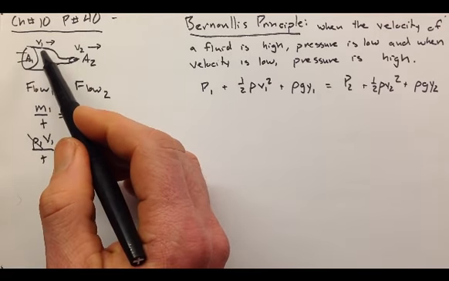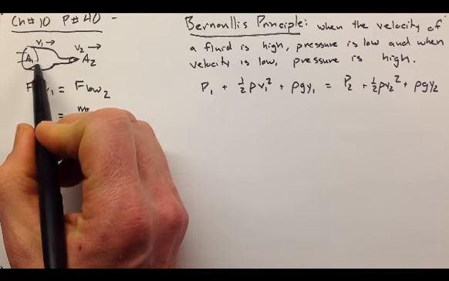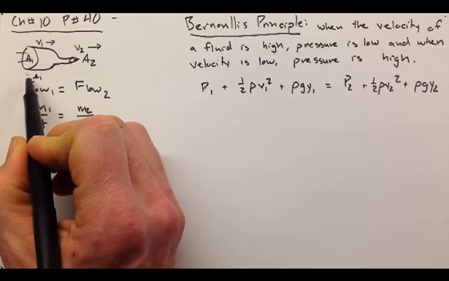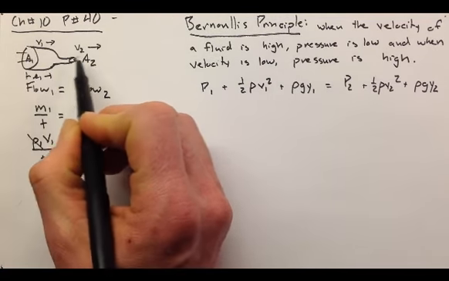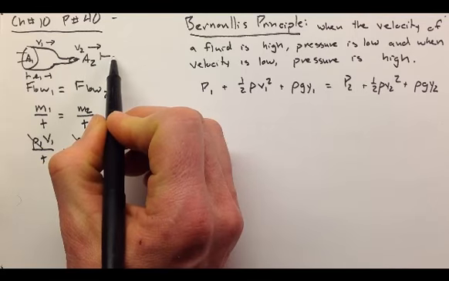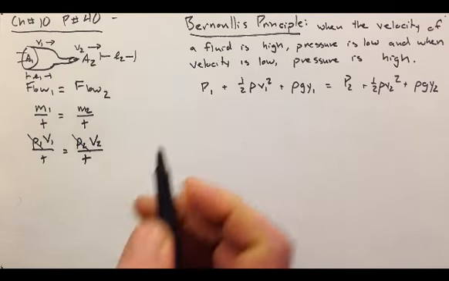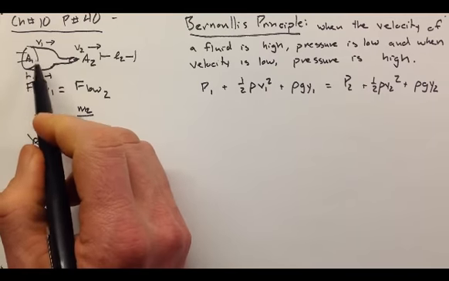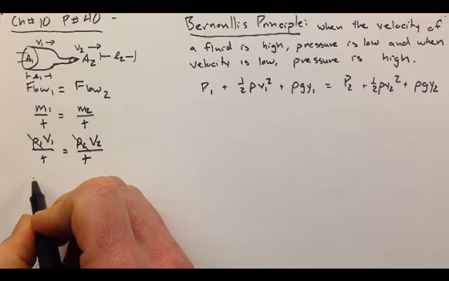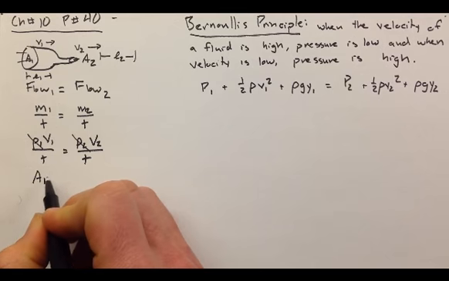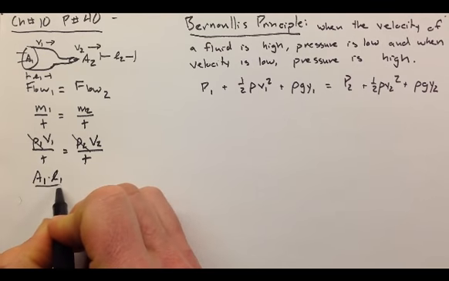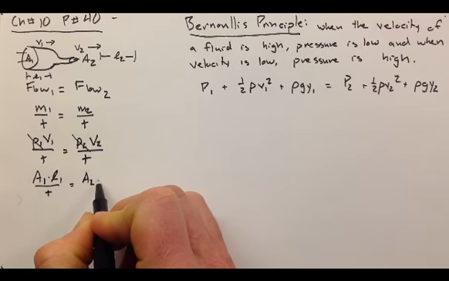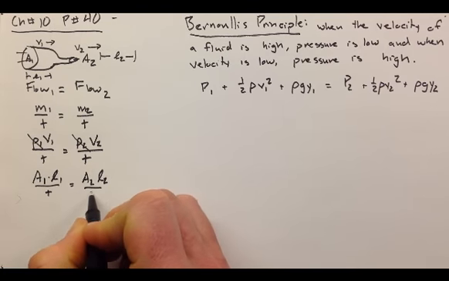So again, if you think about it, this water might travel some distance L1 this way, but this water over here might travel some distance L2 this way. Well, this volume is really this area times this length. So I could say A1 times L1 over t is equal to A2 times L2 over t.